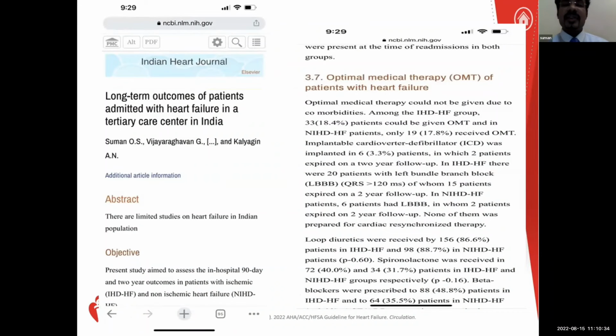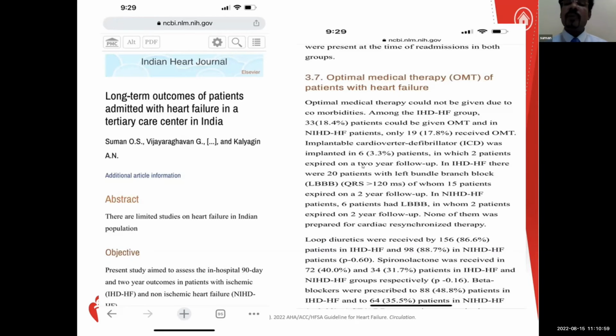But what's the current practical approach? We did a study in our institution when I did my post graduation a couple of years back, at the Kerala Institute of Medical Sciences with my professor Vijay Rakhan. We studied around 280 patients with heart failure stage 3 and 4, and we divided the group into two, ischemic and non-ischemic heart failure.